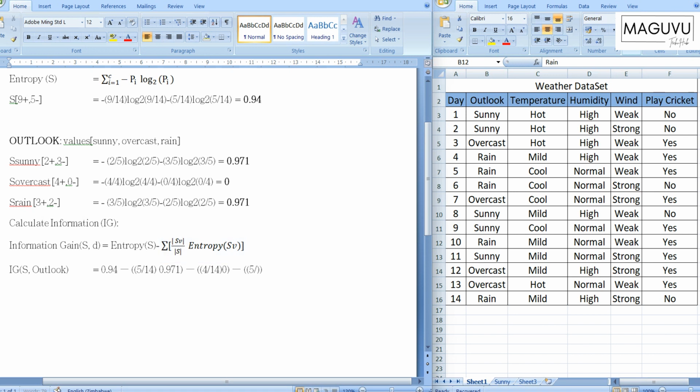So 5 divided by 14 multiplied by the entropy 0.971. This should give us a value of 0.2464.